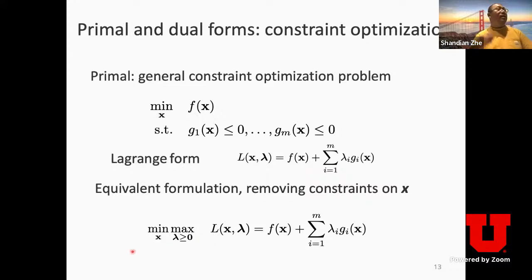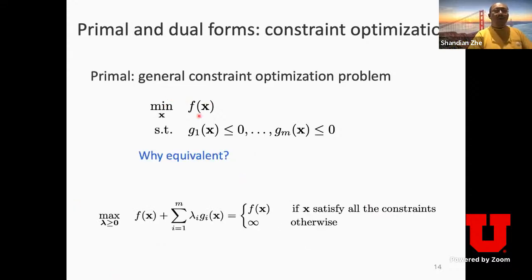But here, x is unconstrained. You don't need to consider whether x should satisfy any constraints. Is everyone clear about this formulation, before we talk about why this is equivalent? Everyone's comfortable? Okay.